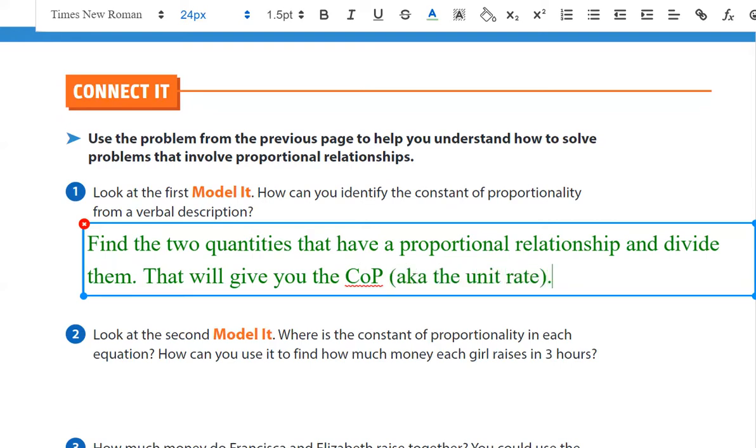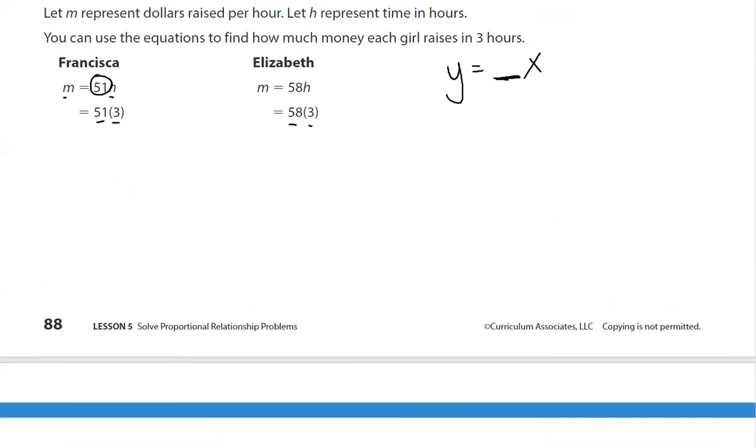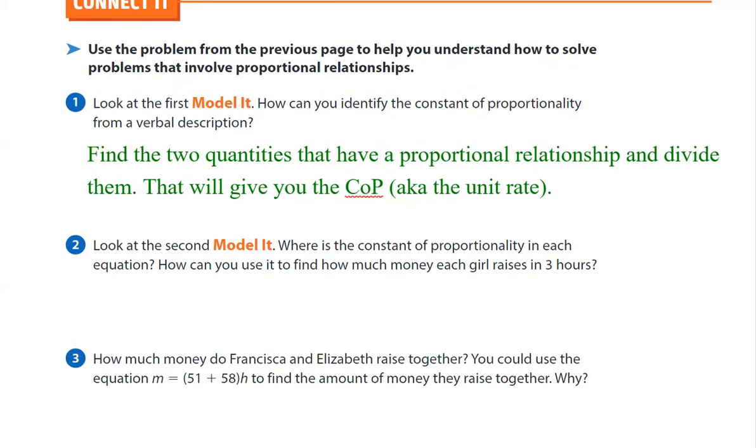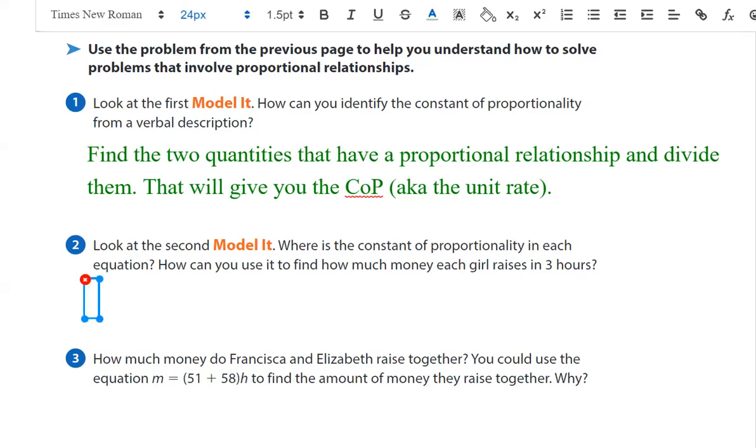There you go. Look at the second model, where we use an equation. And where is the constant of proportionality in each equation? How can you use it to find how much money the girls raised in 3 hours? Let's see, the constant of proportionality was the coefficient.